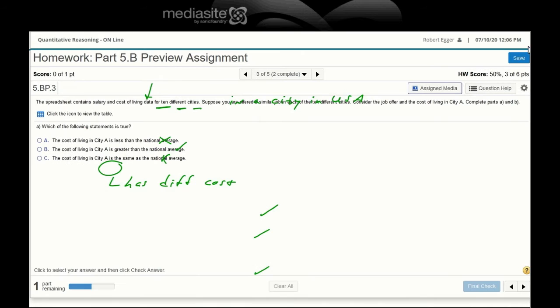Okay, this one has two parts to it. A spreadsheet contains salary and cost of living for 10 different cities. Suppose you're offered a similar job in each of 10 cities.